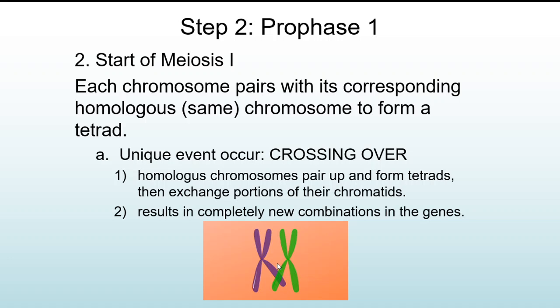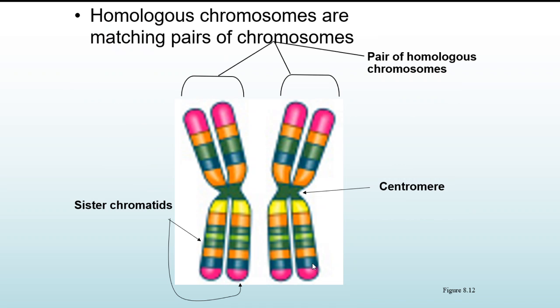So basically what happens is the legs cross over, and so a little bit of this purple will switch with the green. And so what will happen eventually here, so you can see right here, sister chromatids, is you will have a switch. So they will actually switch over and move from one to the other. And that's what we call crossing over.